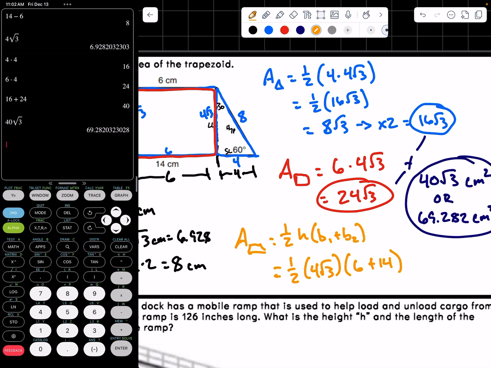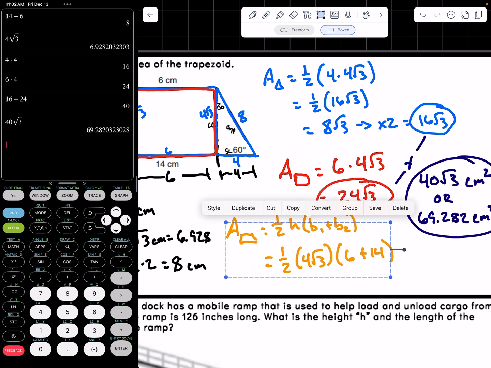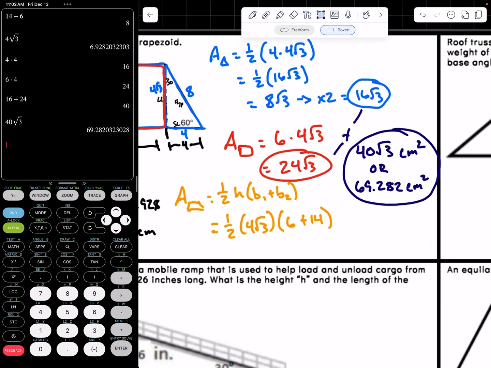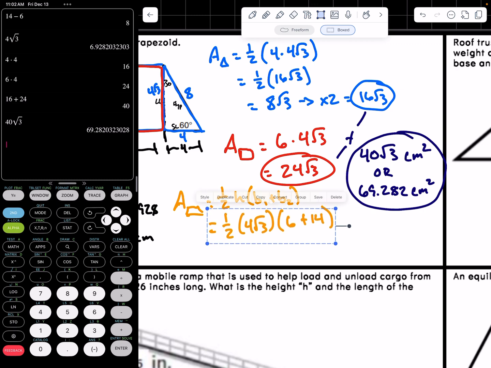So essentially what I'm doing here, and I will go on ahead and slide this up a little bit, just to give us a little bit more room. I'll do the same here.